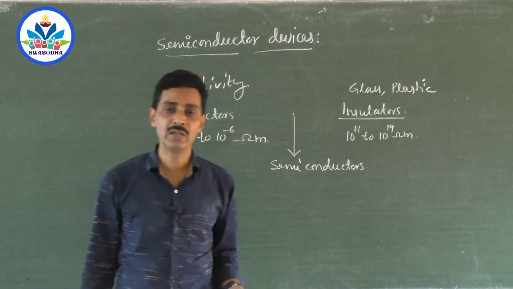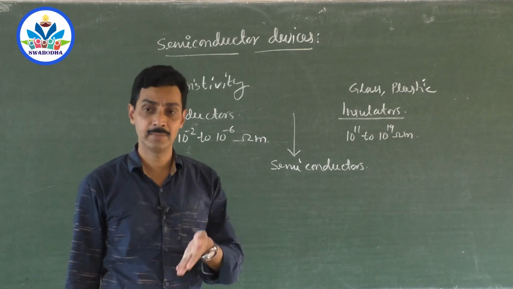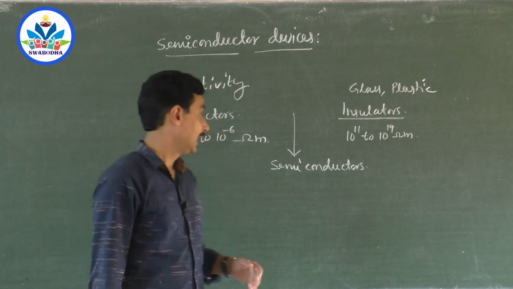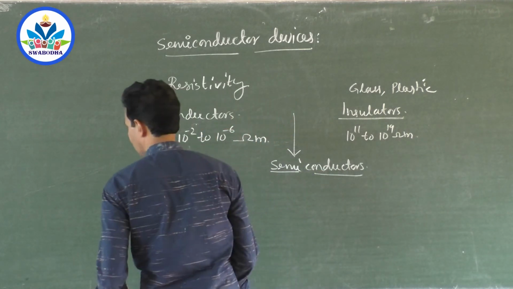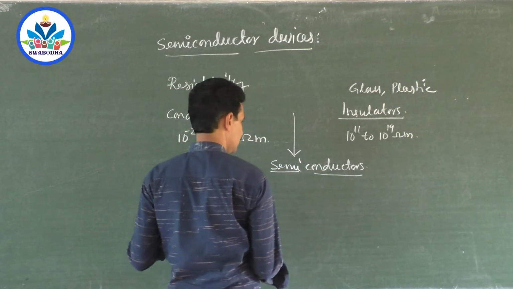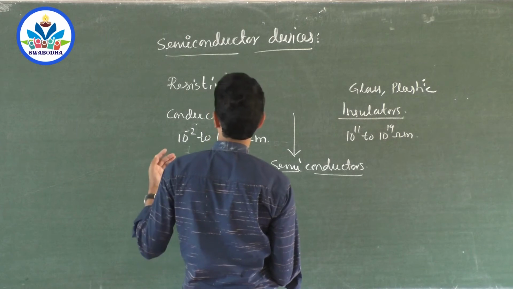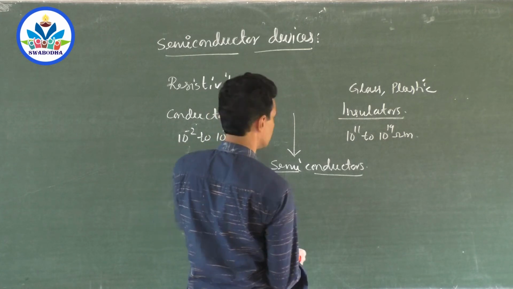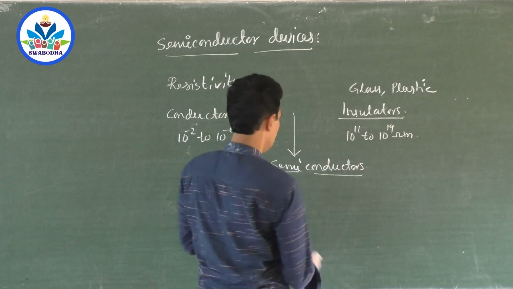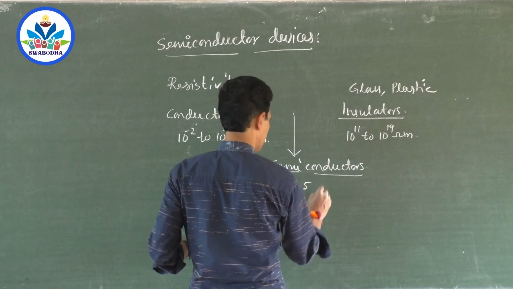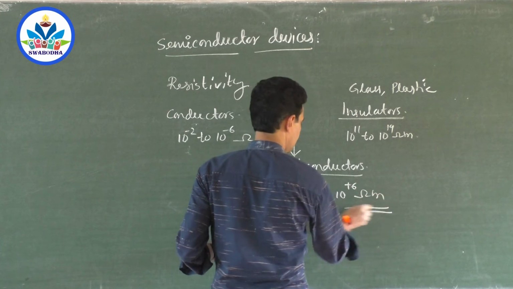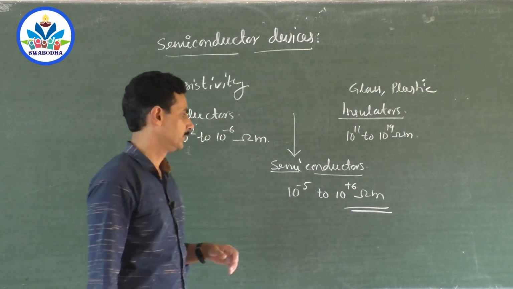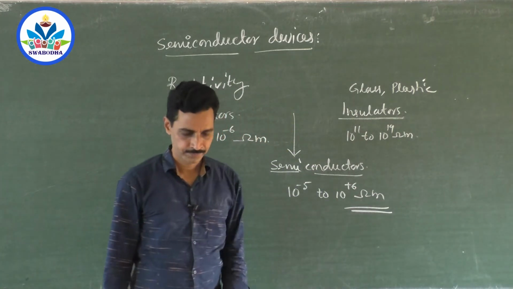They are neither very good conductors, but at the same time they are not insulators. They are called semiconductors. Their resistivity lies between 10 to the power minus 5 to 10 to the power plus 6 ohm meter. They have a little bit of some resistance.